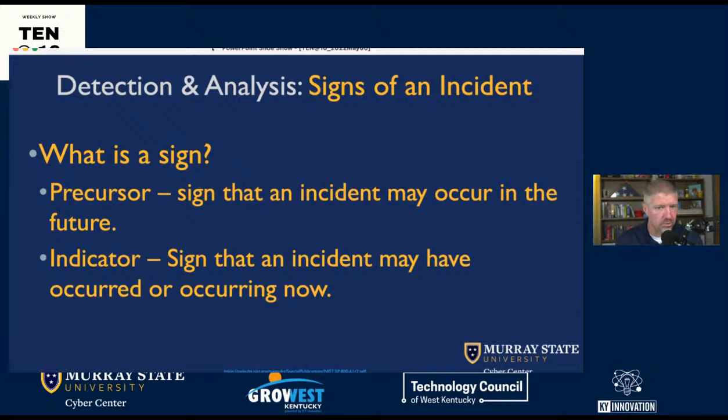That's a precursor sign. An indicator is a sign that an incident may have occurred in the past or is occurring right now. We'd rather have the precursor signs than the indicator signs, but we're looking for both. We're actively trying to detect both of these types of signs.